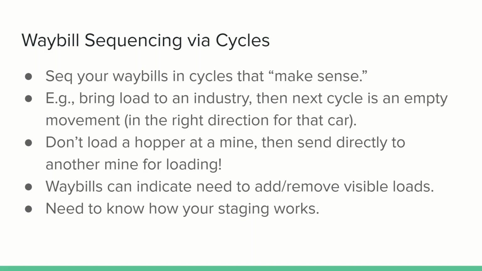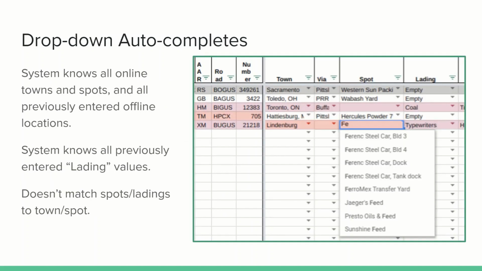In my case, I have double-ended staging where the train will go into my easternmost end of the railroad, and when it shows up in the next section, it'll actually be coming from the west. And so again, you just need to put the information into the waybills such that on that next cycle, it actually represents a movement from that direction.